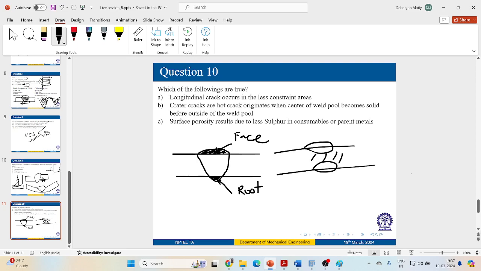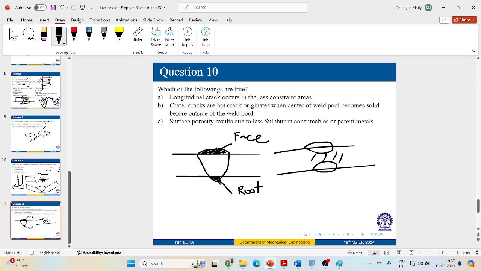So it may contain cracks and it can be avoided. And arc craters also can generate. Arc crater, you can think of as a kind of void or cavity or depression.